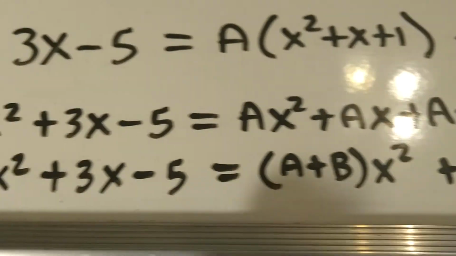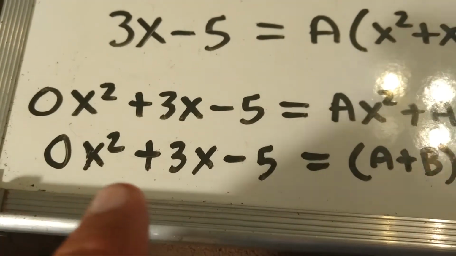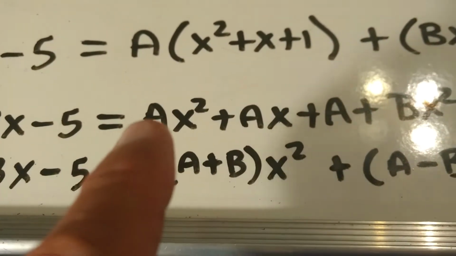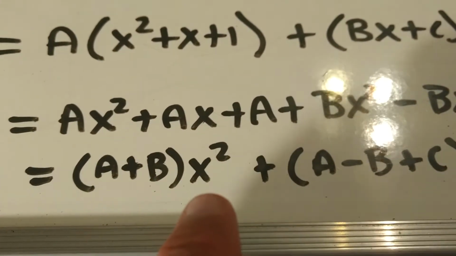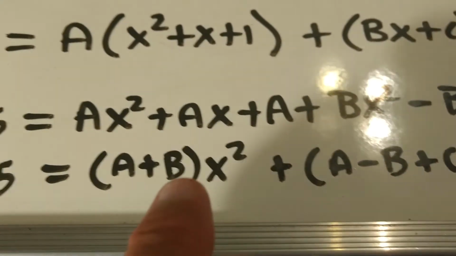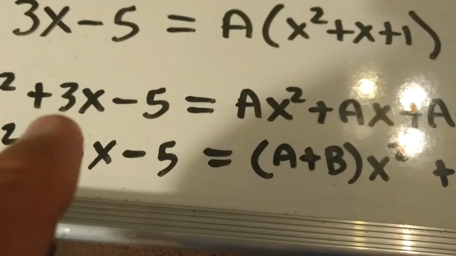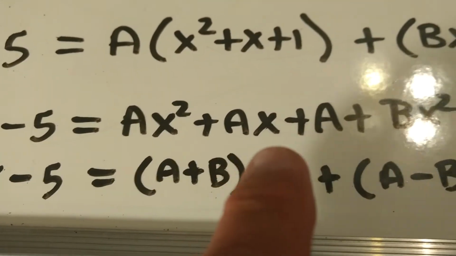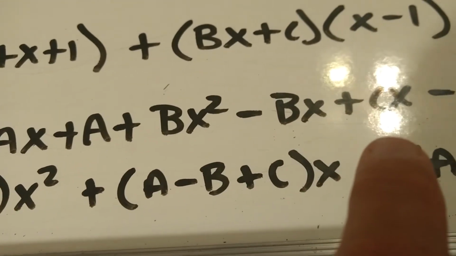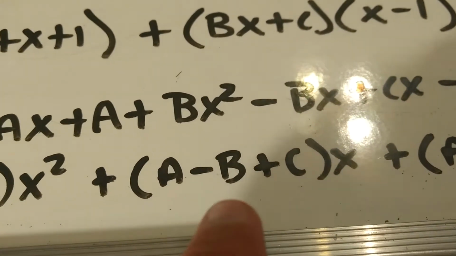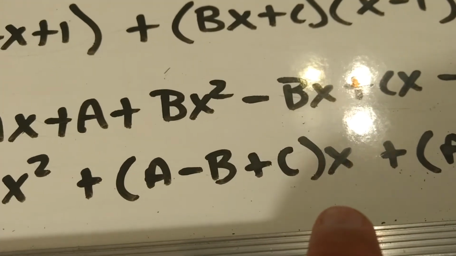Now remember what we do. Because we have an x squared over here, let's group all our x squared terms together. We've got Ax squared plus Bx squared, so we have A plus B times x squared. In terms of this 3x to the first power, I have Ax, I have minus Bx, and Cx, so I have A minus B plus C times x.